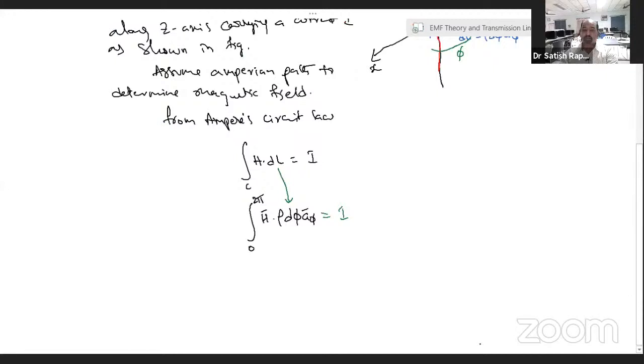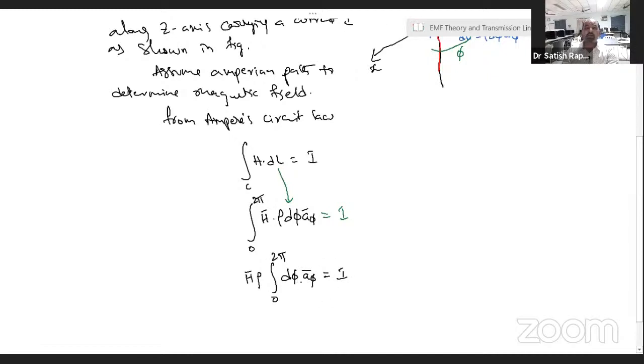So when the field is uniform, H can be taken outside, and rho is a constant. So the integral from 0 to 2 pi of d phi a phi bar is equal to I.